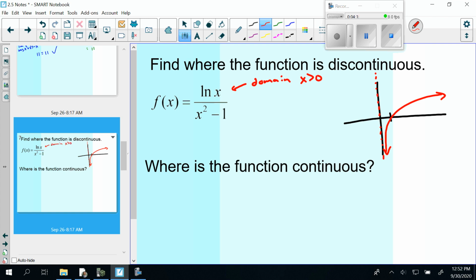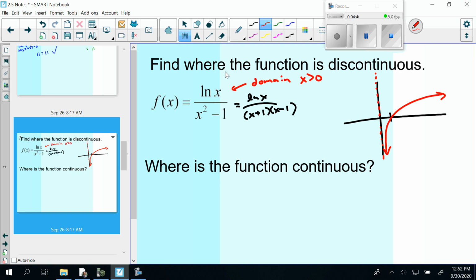What about the domain of the bottom here? I think we're probably going to want to do some factoring there. It is a polynomial, but it's a polynomial we can factor. That would factor to x plus 1 times x minus 1. So what are the two values where this is going to equal 0?